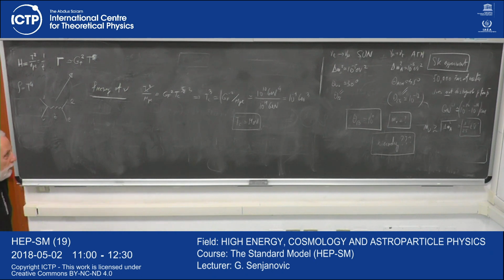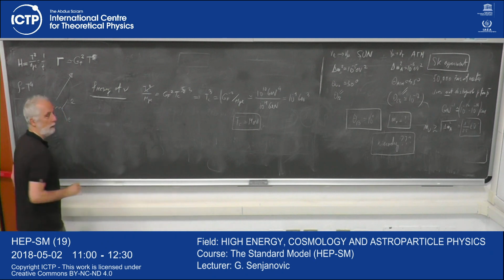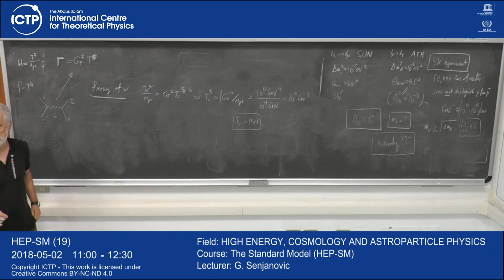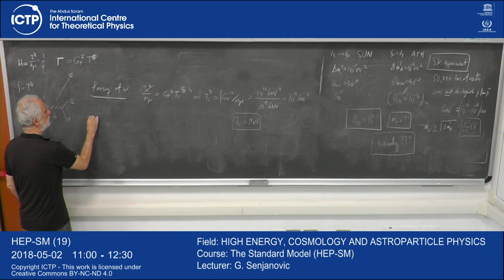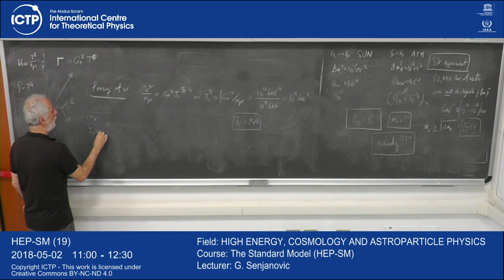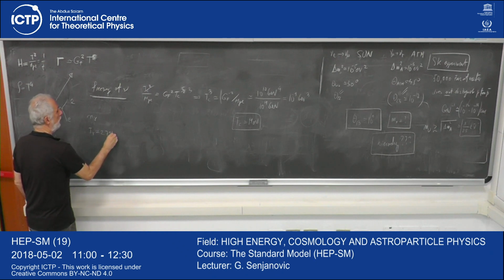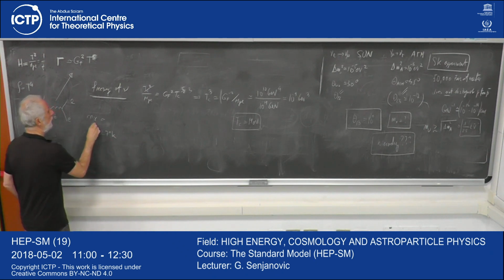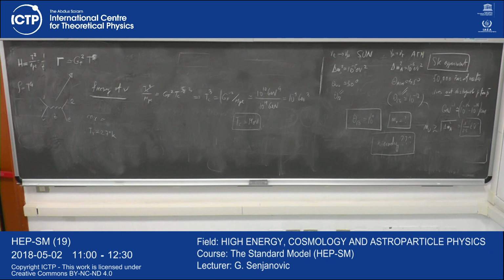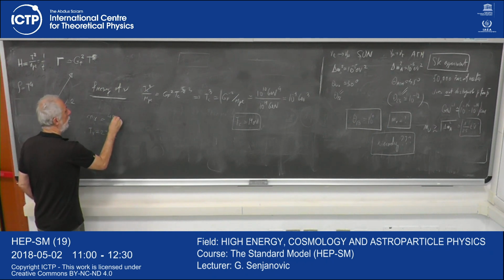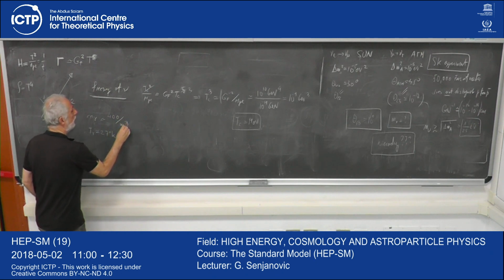There is this huge number. Let me see if you know how many photons there are in the universe. It has to do with the photon temperature, which is 2.7 Kelvin, right? How much does it give you for the density, which goes as T cubed? On the order of 400 per cubic centimeter.